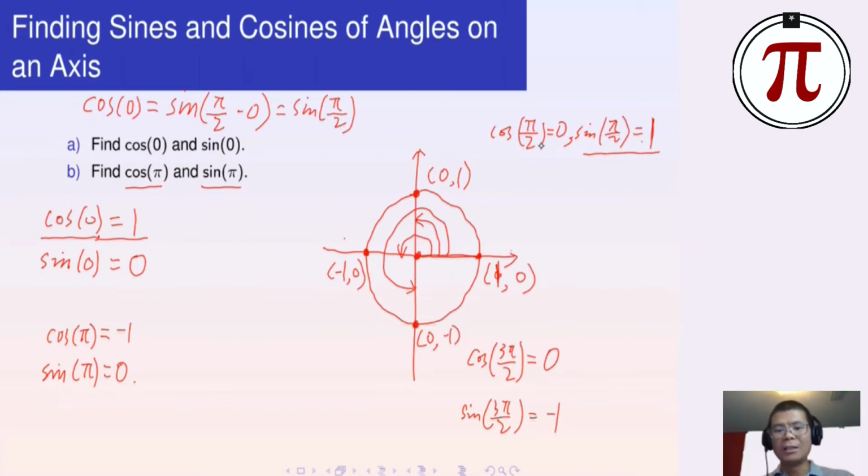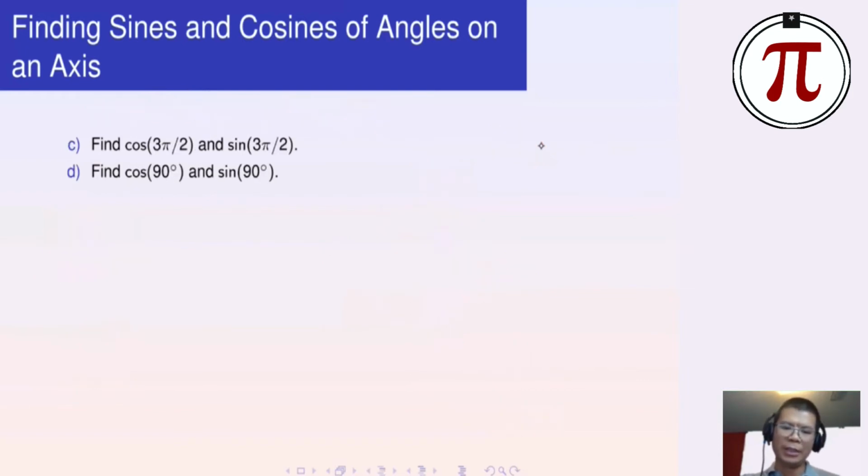So they are indeed equal, and they're both 1, right? Similarly, sine of 0 equals cosine pi over 2. They are both 0, right? For the other ones, we will talk about them later. So we just discussed these: 3 pi over 2, pi over 2.